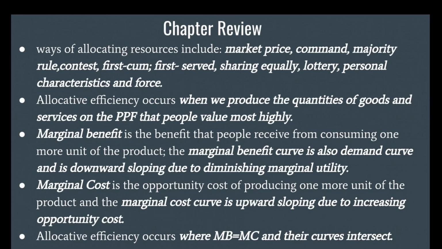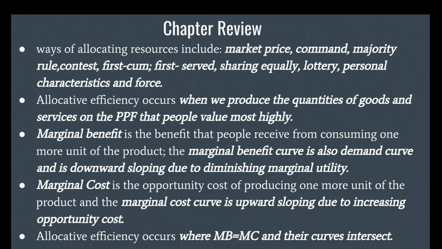Chapter review. Ways of allocating resources include market price, command, majority rule, contest, first come first served, sharing equally, lottery, personal characteristics, and force. Allocative efficiency occurs when we produce the quantities of goods and services on the PPF that people value most highly. Marginal benefit is the benefit that people receive from consuming one more unit of the product.